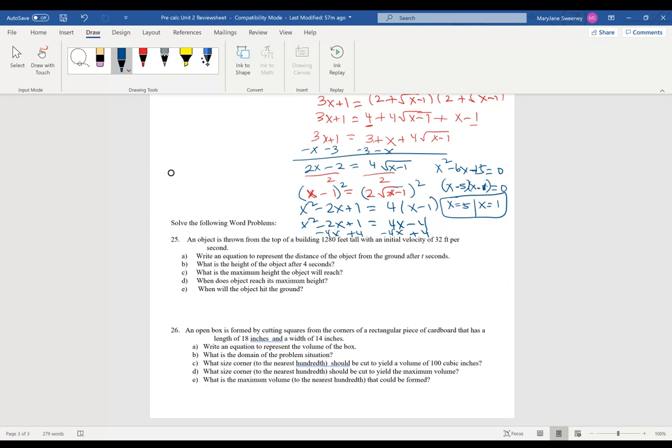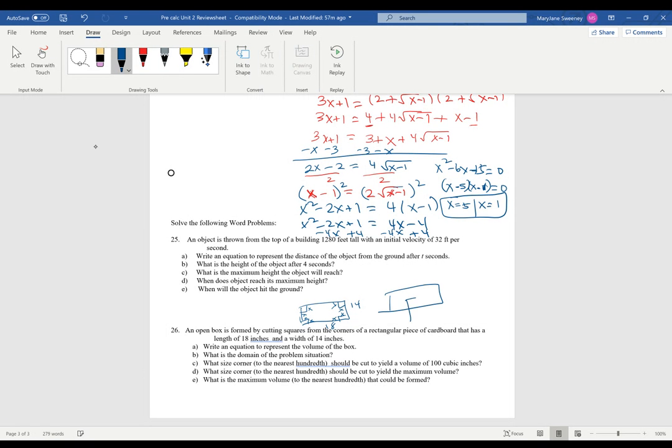All right, and last question, we're going to look at the box problem. So remember, we're starting with a piece of cardboard that's 18 by 14. We are going to cut out square corners. We don't know the dimensions, so we're calling them x by x corners.